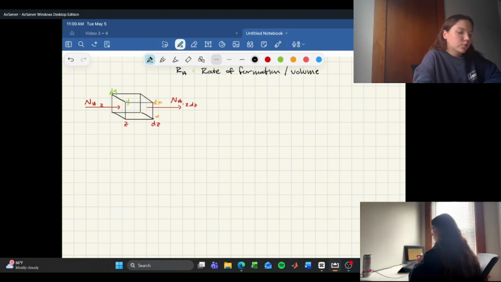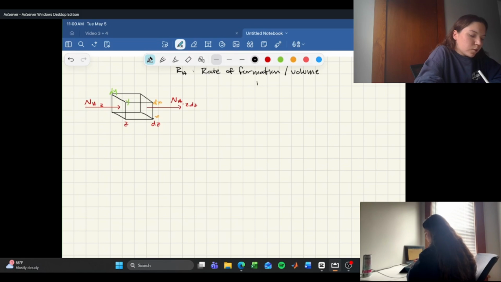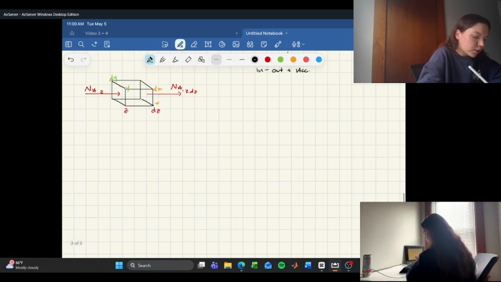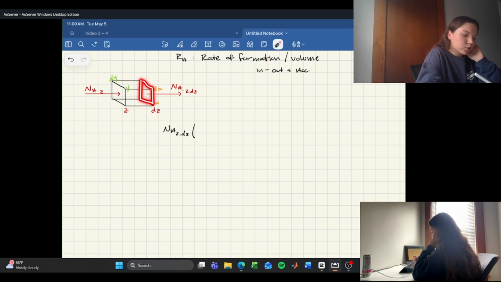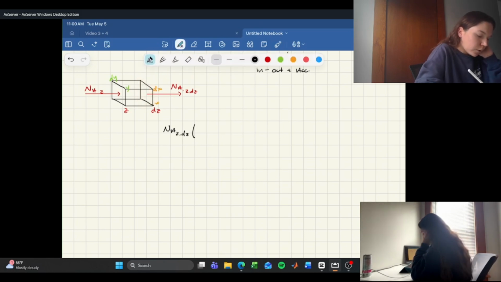And then if we remember other continuity equations, you know that it's in minus out plus accumulation. So with that in mind, we're going to have out, which is N_A at z + dz, times the cross-sectional area of the face it's flowing through, dx dy.